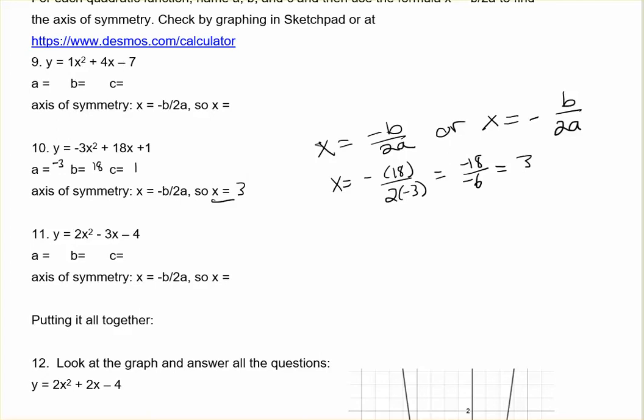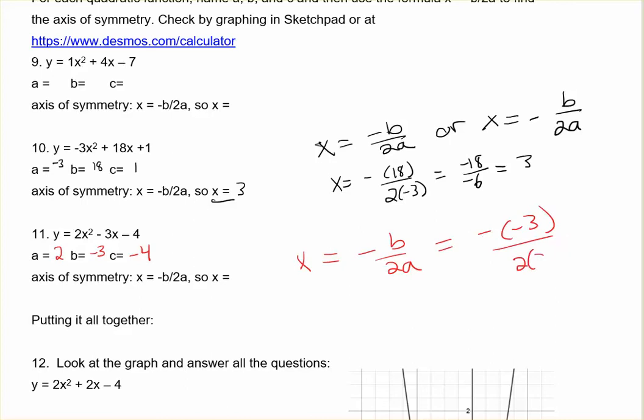All right, 11 has a negative b. Let's fill in a, b, and c on 11. A would be 2, b would be negative 3, c would be negative 4. So when we do this equation, x equals negative b over 2a, I'm going to fill in negative b. But b is negative 3, so you have negative, negative there.